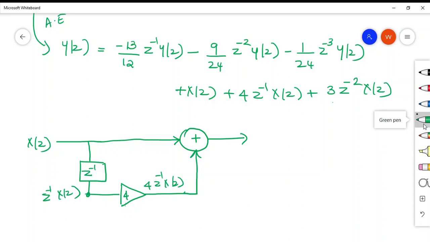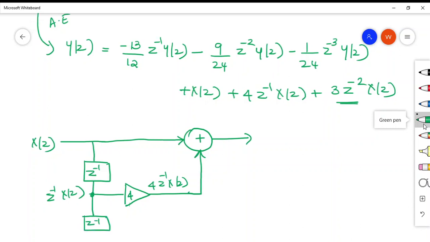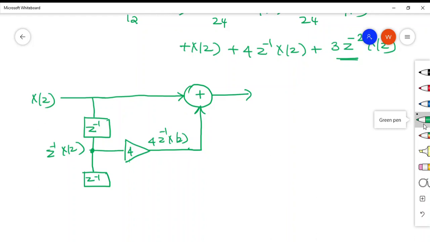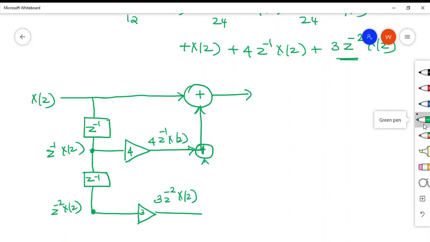Then one more term is 3 z raised to minus 2 x of z. So what you have to do is add one more delay element here. One more delay element means whatever you are obtaining is z raised to minus 2 x of z. The coefficient is 3. So the output you have is 3 z raised to minus 2 x of z. So one more adder you have to add, so this will get added here.